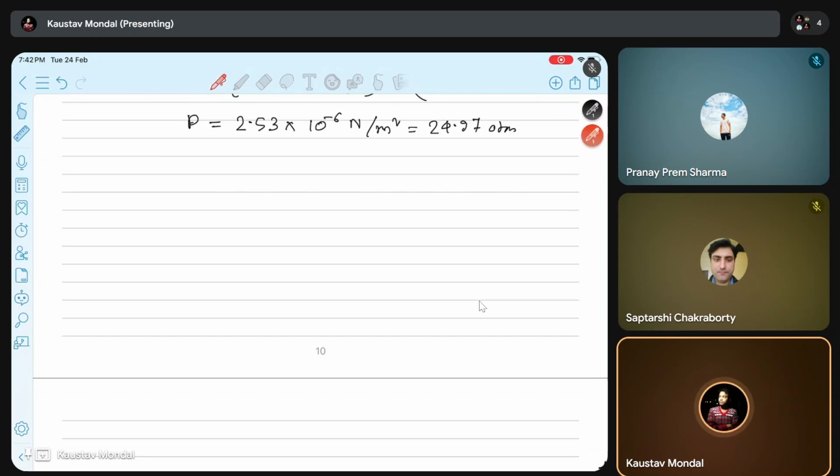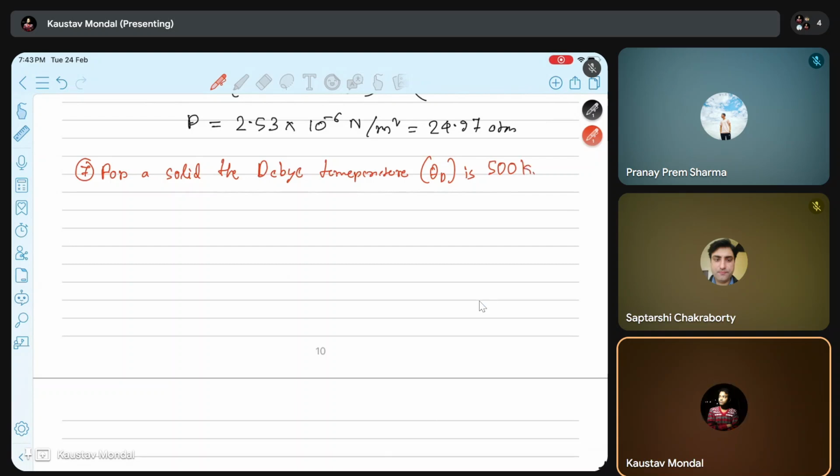Now problem 7. For a solid, the Debye temperature theta D is 500 Kelvin.